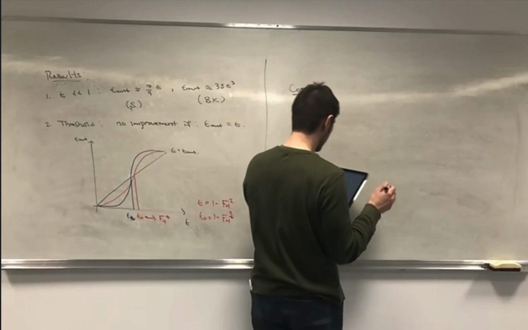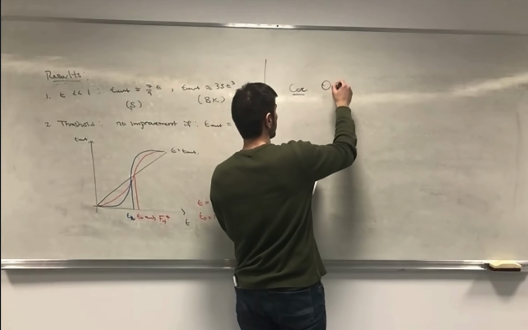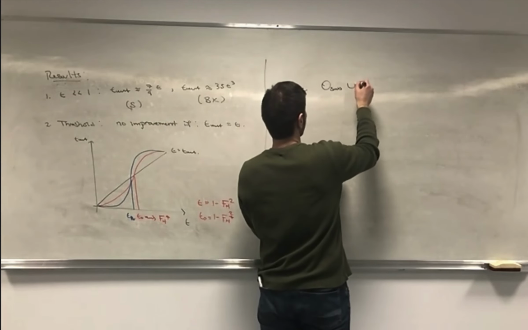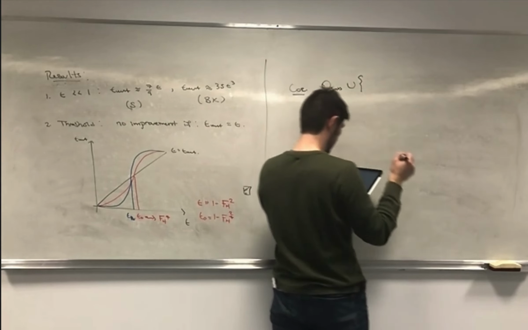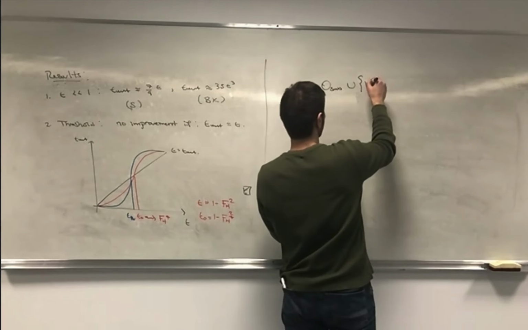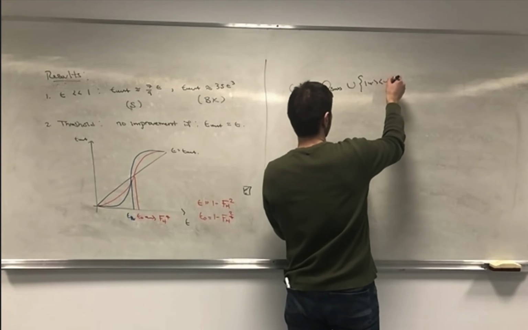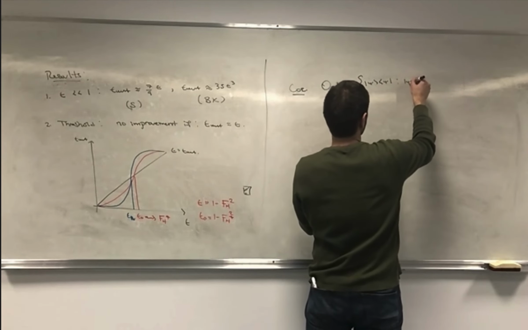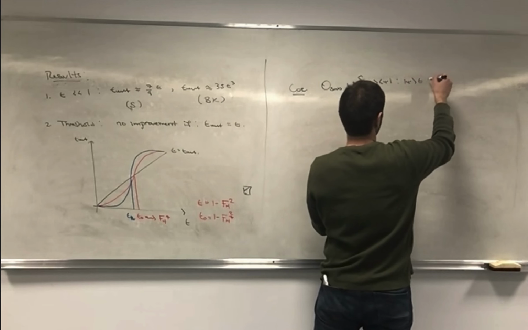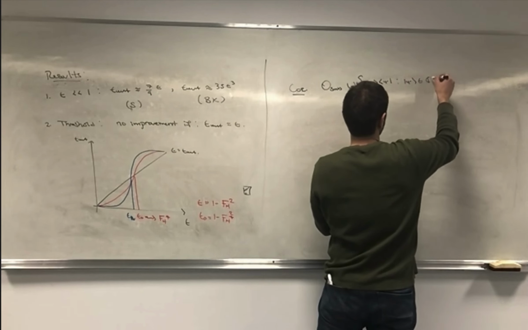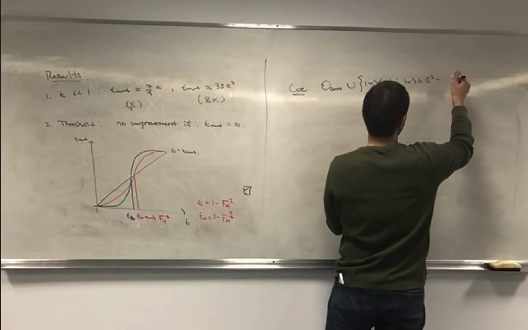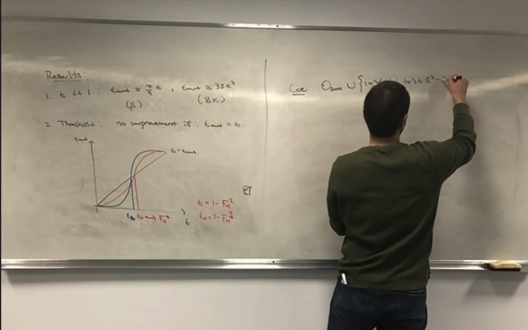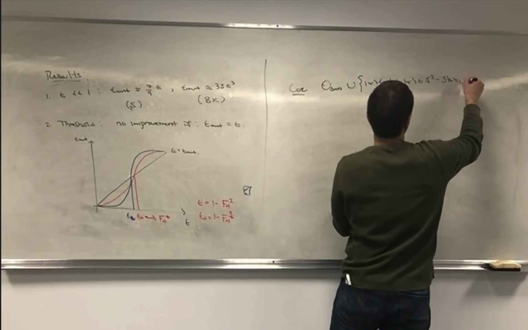One corollary: if I take stabilizer operations, and I include with them a resource state psi, where psi is an element of C2 minus the stabilizers on a single qubit.